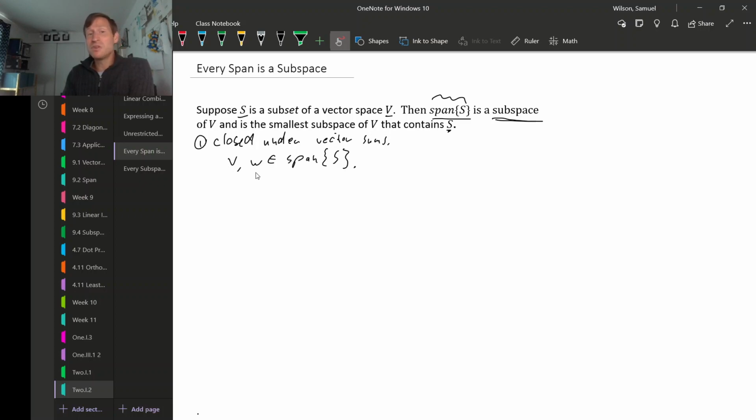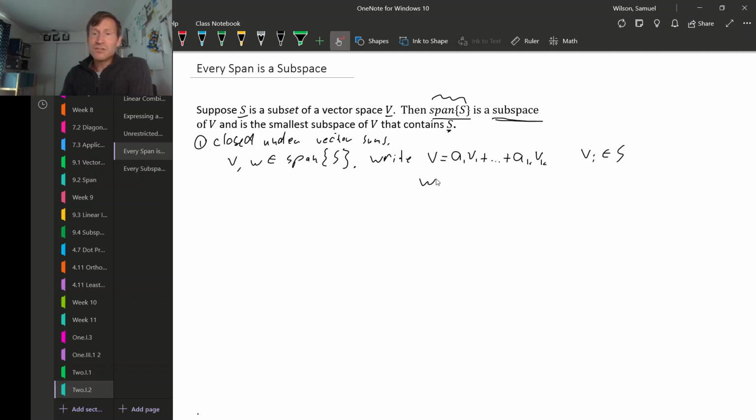That means V and W are both linear combinations of vectors in S. So let's write V as a linear combination of some vectors in S. So V is, let's say, A1V1 plus dot dot dot down to, say, AKVK. And all the Vi's are in S. Not in the span of S, but in S itself.